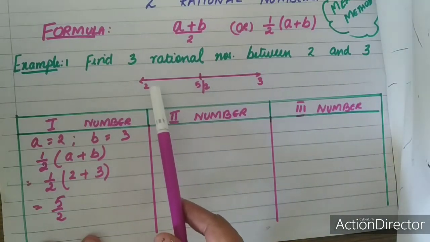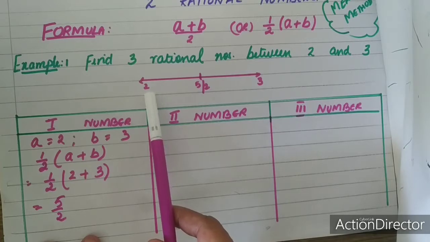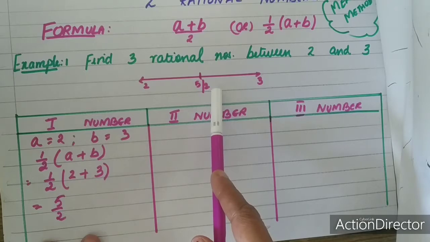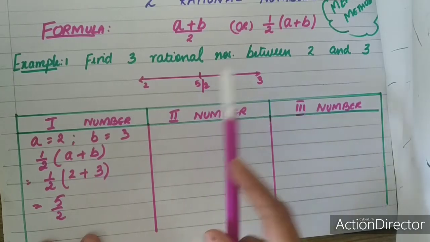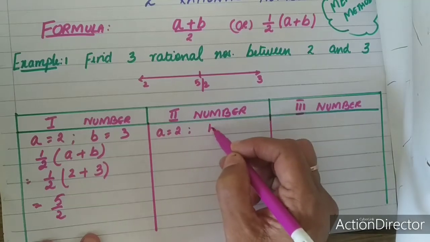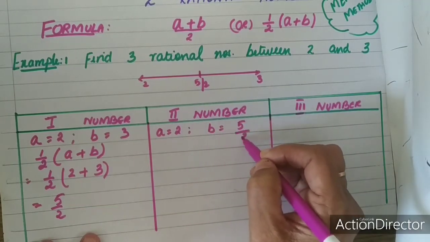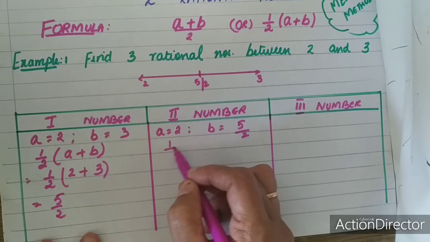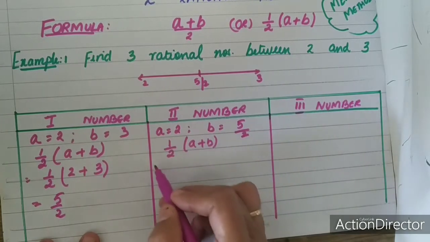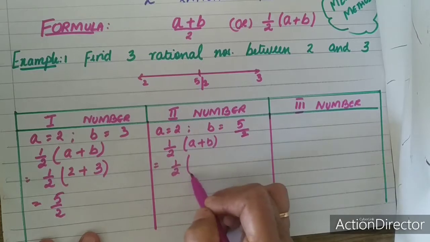Now for finding the second number, I am going to take A as 2 and B as 5 upon 2. So now A is equal to 2 and B is equal to 5 upon 2. So my formula is half of A plus B. So let me replace the value of A and B. Half of what is A?